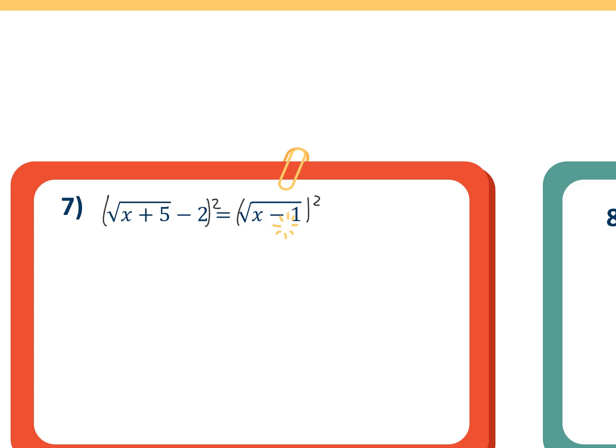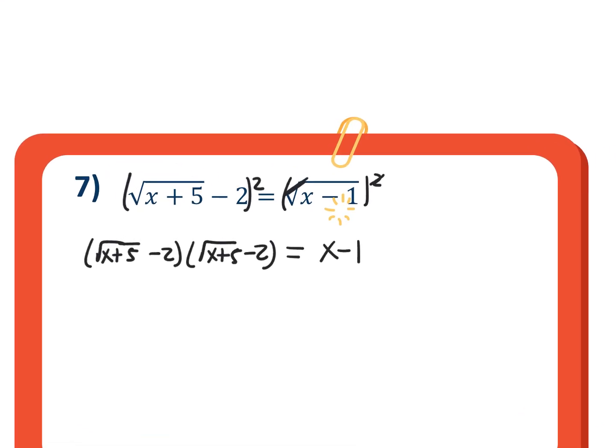When we square both sides, on the right-hand side is where the radical cancels out, and on the left-hand side is where we're going to have to FOIL. So that's going to become square root of x plus 5 minus 2 times another square root of x plus 5 minus 2 equals x minus 1.